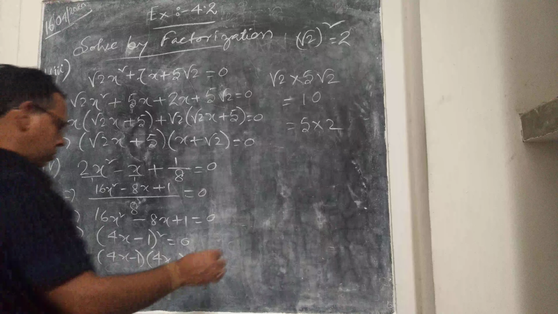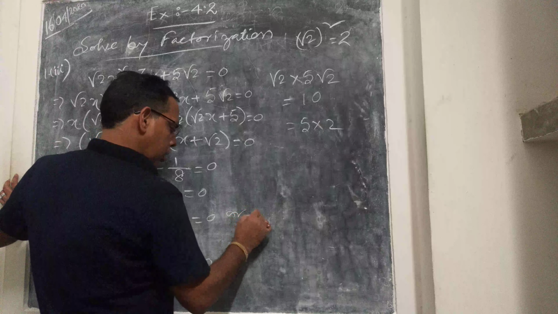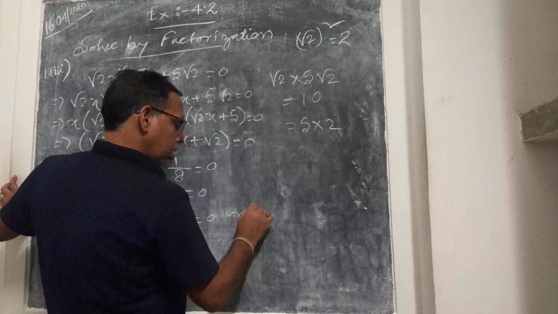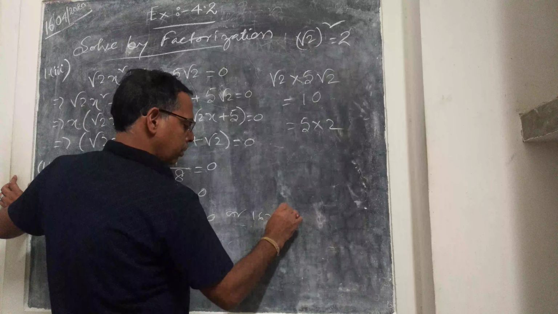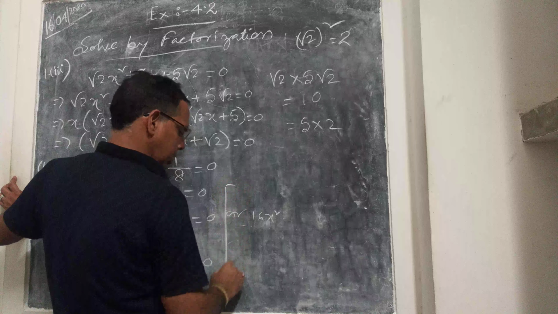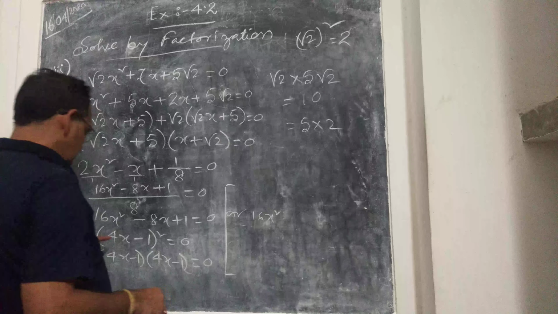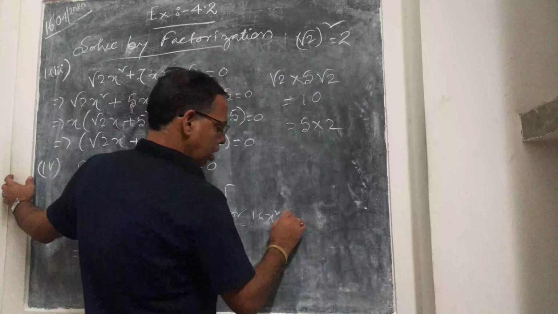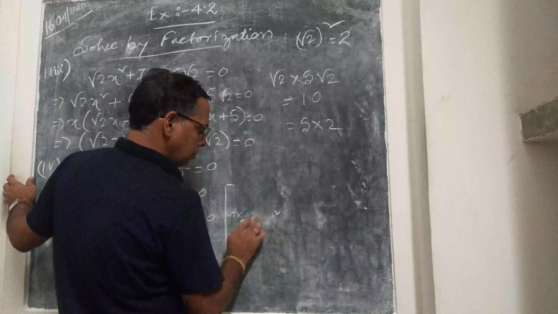Otherwise, you can do this way, 16x squared. This is optional, okay? So 16 means what?